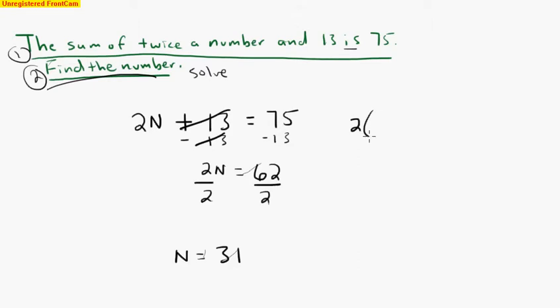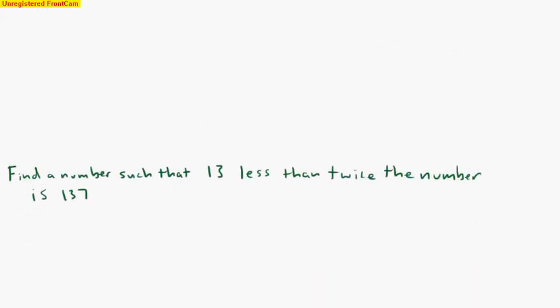The original equation was 2n plus 13 equals 75. If we plugged in 31 for n, 2 times 31 would be 62, right? 62 plus 13, is that 75? It is 75, so we got it correct because we could plug it back in. We can do that with all of these.